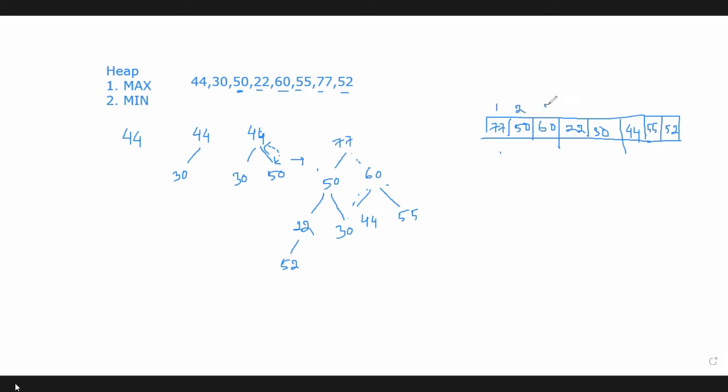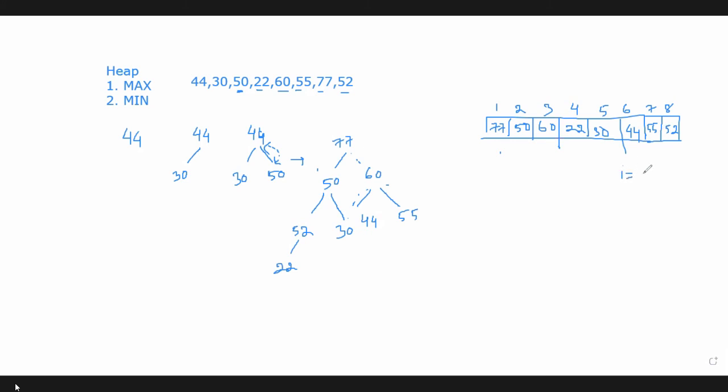So now compare this node with its parent node. 52 is greater than 22. So change their position. So now 52 will be the parent node of 22. So how can we change this one in the tree? We just change the position of these two nodes. Now look at the array.